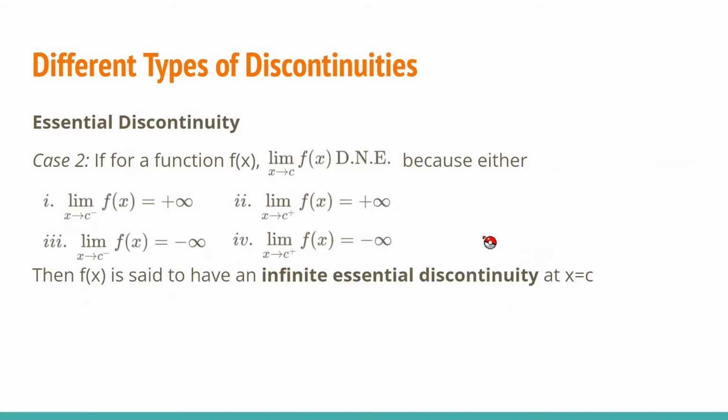Next, if for a function f of x, the limit of f of x as x approaches c does not exist because either the limit as x approaches c from the left is equal to positive infinity, the limit from the right is equal to positive infinity, the limit from the left is equal to negative infinity, or the limit from the right is equal to negative infinity, then f of x is said to have an infinite essential discontinuity at x equals c.